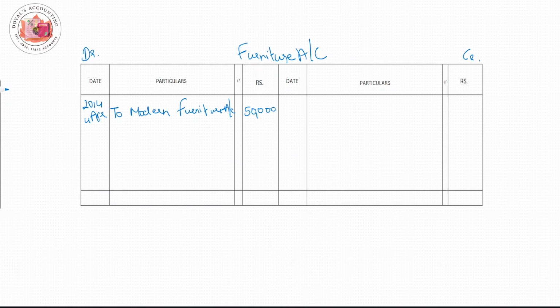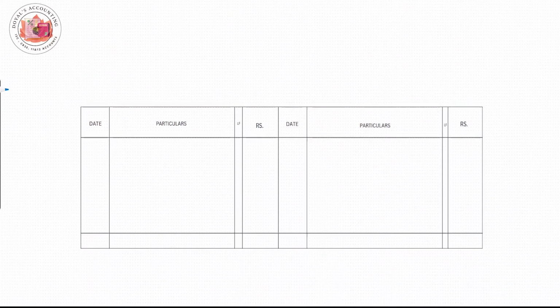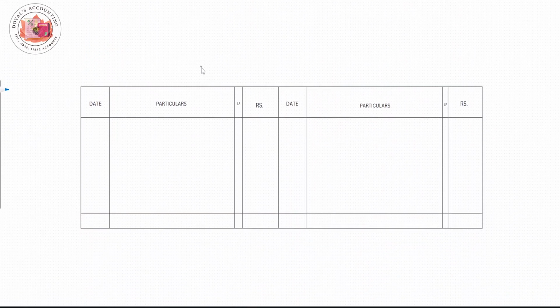And in my next ledger, I will open the Modern Furniture account. Debit, credit.